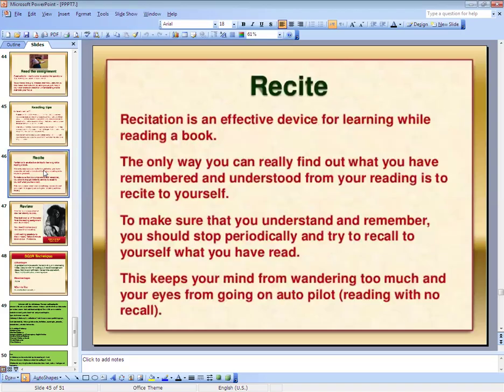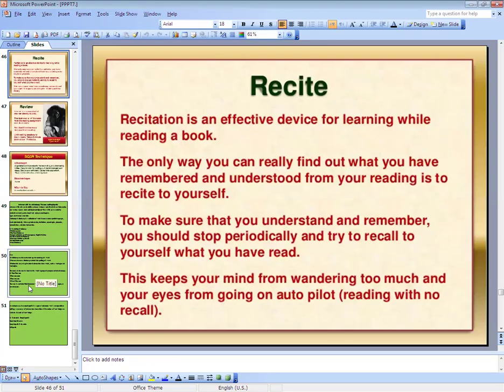Then we recite it. After reading and everything, recite it. Read it once again. So this will help you in understanding the concept very well. Recitation is an effective device for learning while reading a book. The only way you can really find out what you have remembered and understood from the reading is to recite. So when you recite, you will recall the many things that will help in remembering.